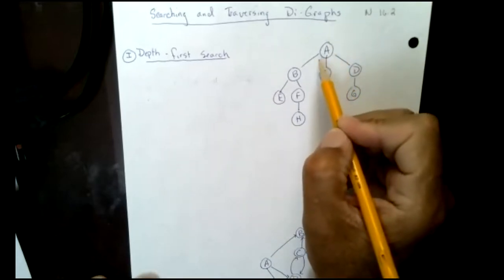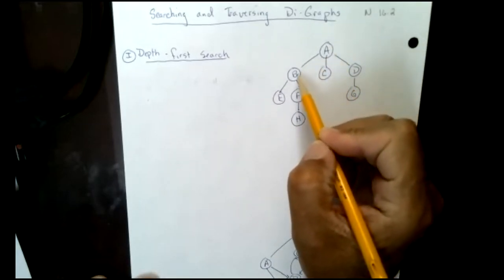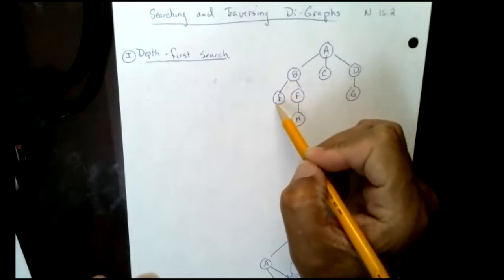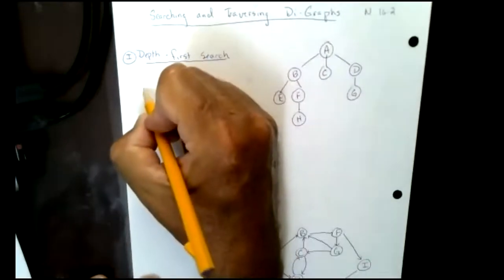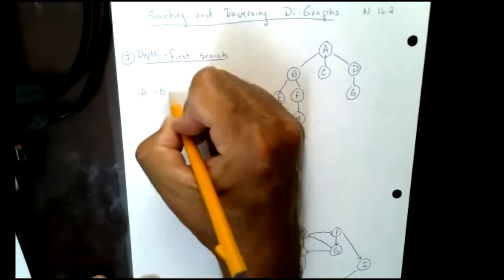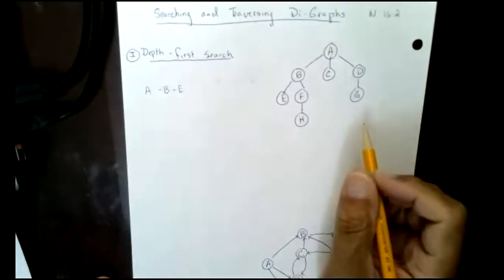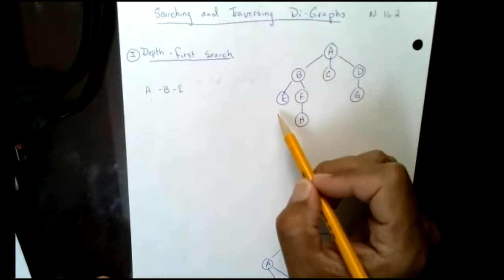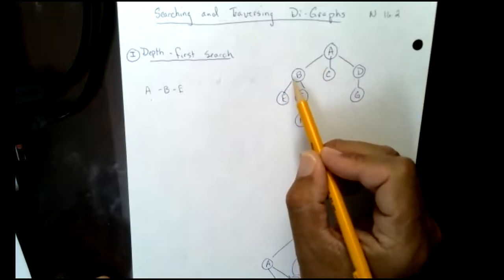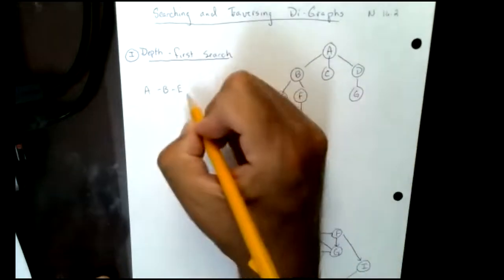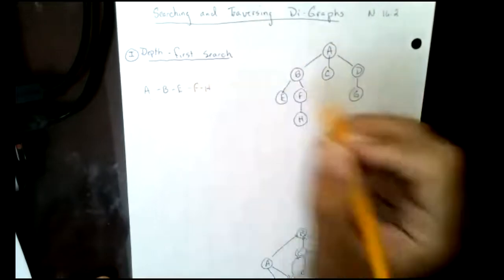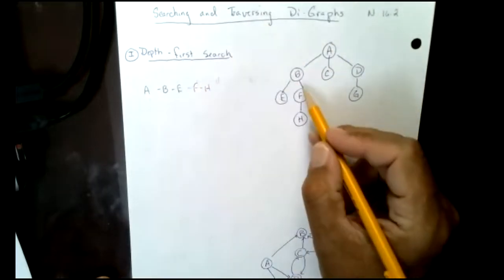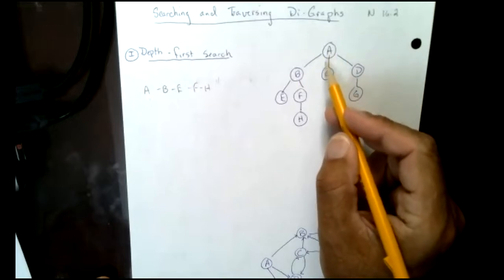I'm going to go as far as I can. I can go from A to B to E. A goes to B, it goes to E. Okay, if I start to back up, because I can't go any farther, can I go farther? Oh yeah, I can go to F, I can go to H. Can't go any farther, I go back up. Can I go farther?